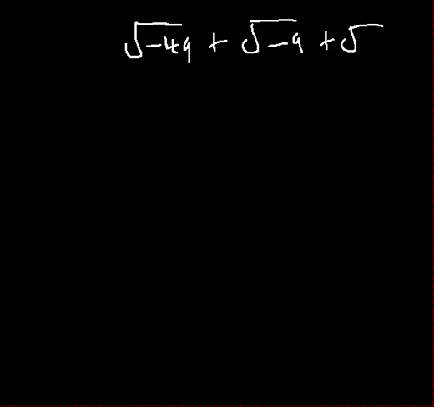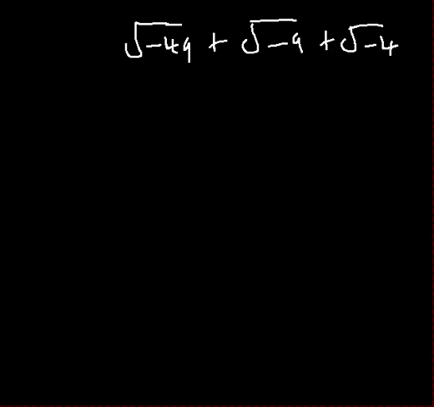And now try to simplify the following expressions. We have the negative square root of 49, plus the square root of negative 9, plus the square root of negative 4. How should we simplify this expression?